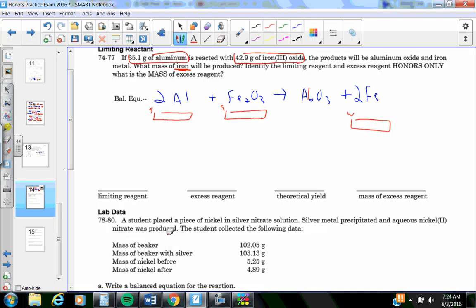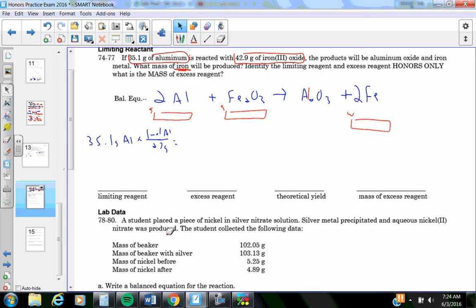Well, I have 35.1 grams of aluminum. 1 mole of aluminum is 27 grams. And I also have 42.9 grams of iron 3 oxide, Fe2O3. 1 mole of that stuff, okay, that's 2 irons is 55.8, 111.6 plus 48, 159.6.